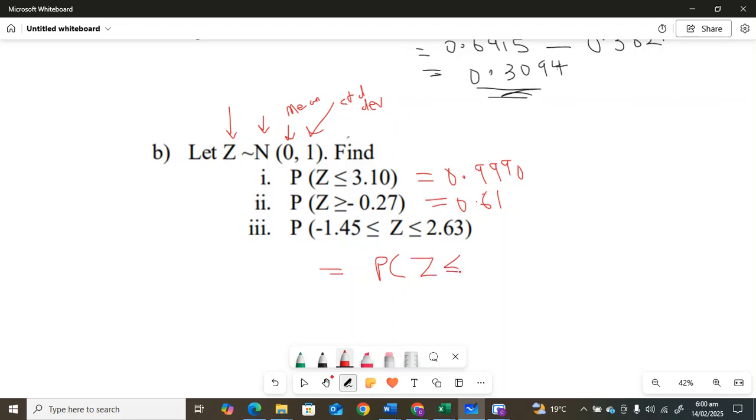So P(Z less than 2.63), which is the greater one, minus P(Z less than or equal to negative 1.45). You put the greater one first, then subtract the lesser one.